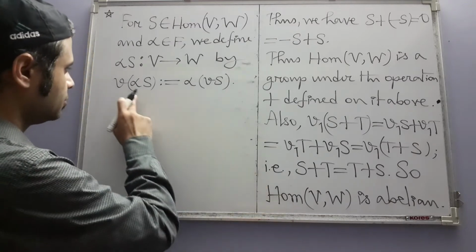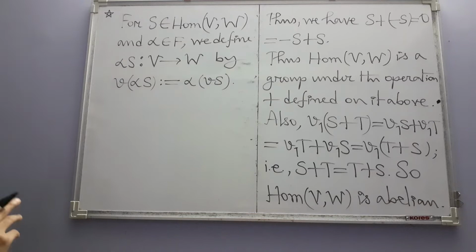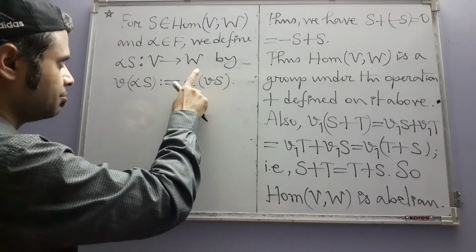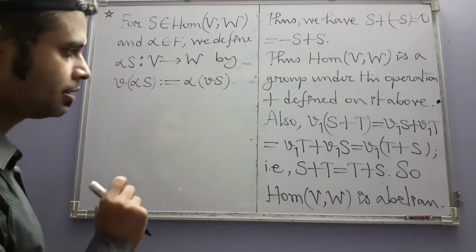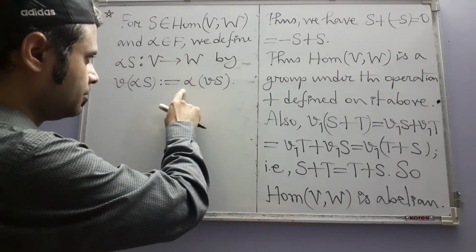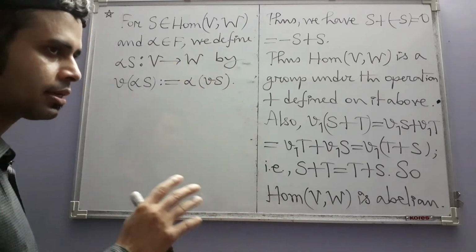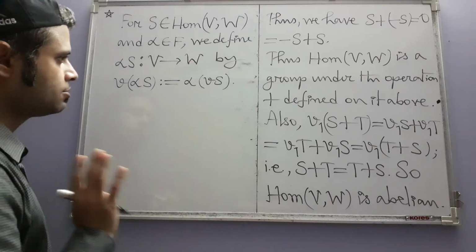And like before, you can show that this function is also a well-defined function. For a given v, there is a unique image in W. And you have to actually make sure that this is in fact a vector in W. All those things are included in the statement that this function is well defined.